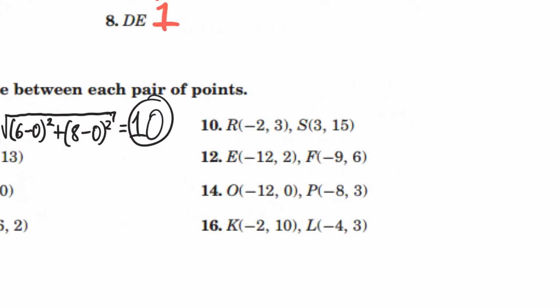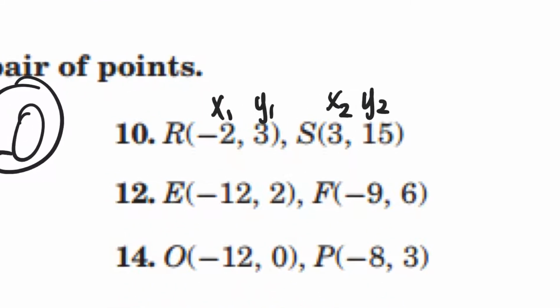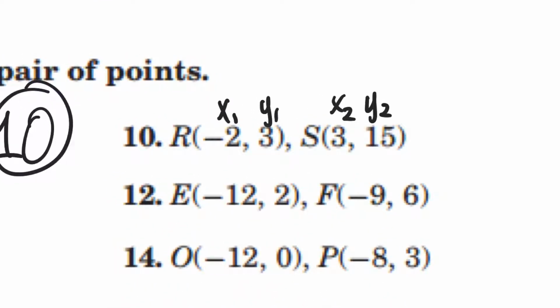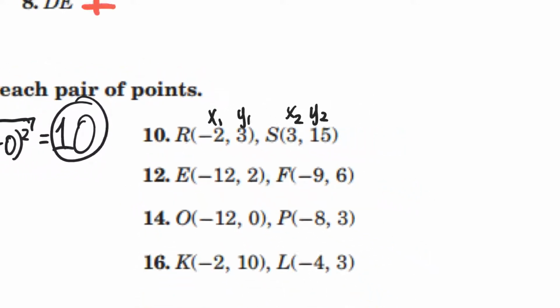Okay, let's try number 10 real quick. So we have x1, y1, x2, y2. And this is what ends up messing up people more than anything, how do you label it properly. Because what people will do is they'll do x1, x2, and they'll do y1, y2, and that's not right, okay? So make sure you're labeling it properly.